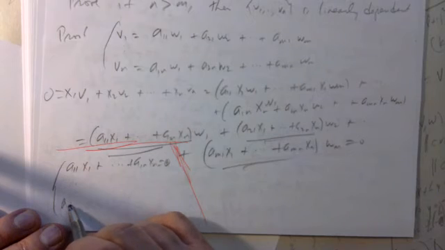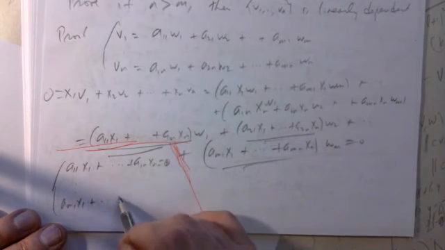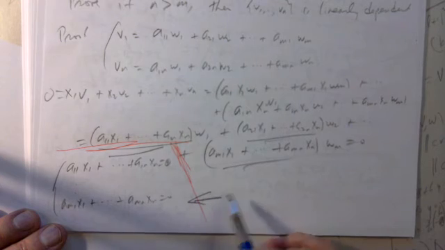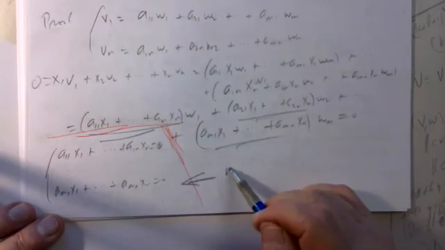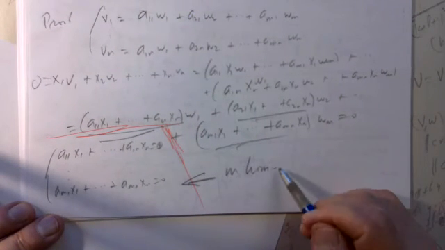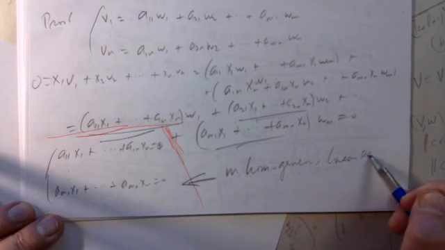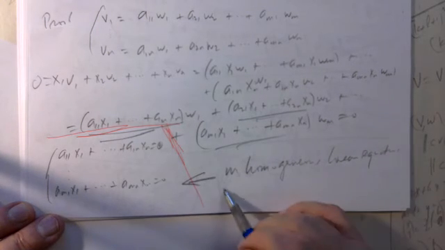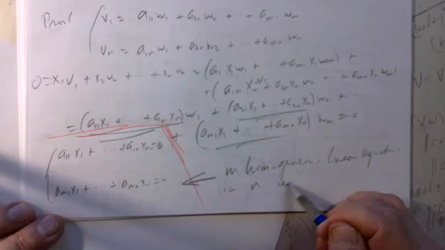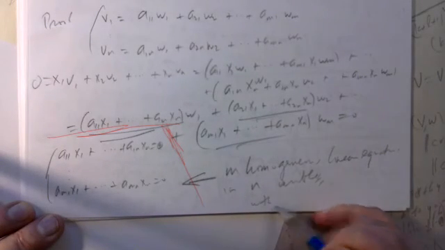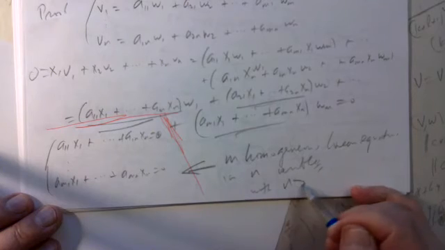Down to am1 x1 up to amn xn equals 0. What I have here is m homogeneous linear equations in n variables with more variables than equations.